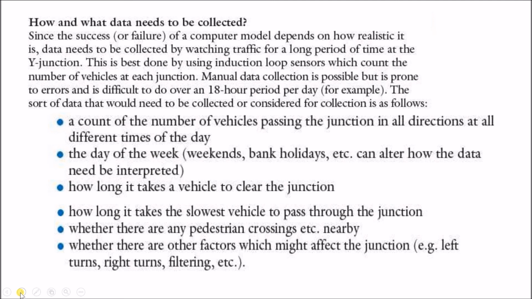How long it takes a vehicle to clear the junction, according to the road speed. And also how long it takes the slowest vehicle to pass through the junction, whether there are any pedestrian crossings nearby, and whether there are other factors that might affect the junction, like left turns, right turns, or filtering.